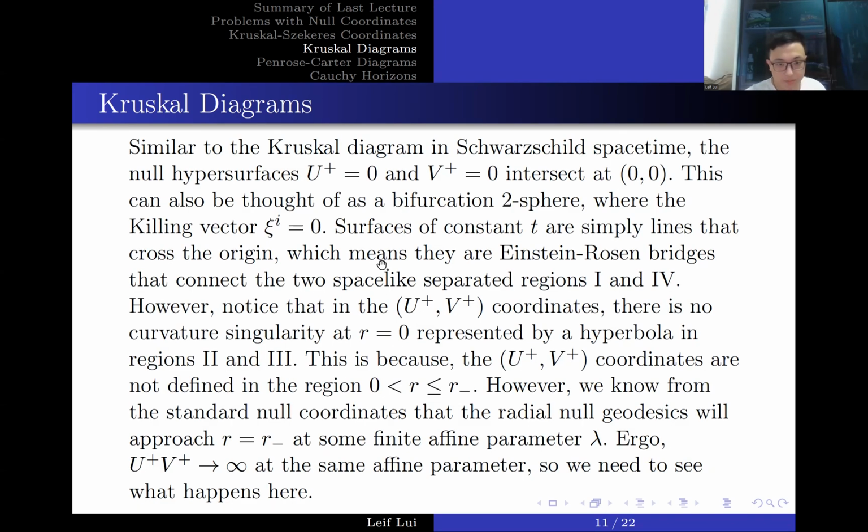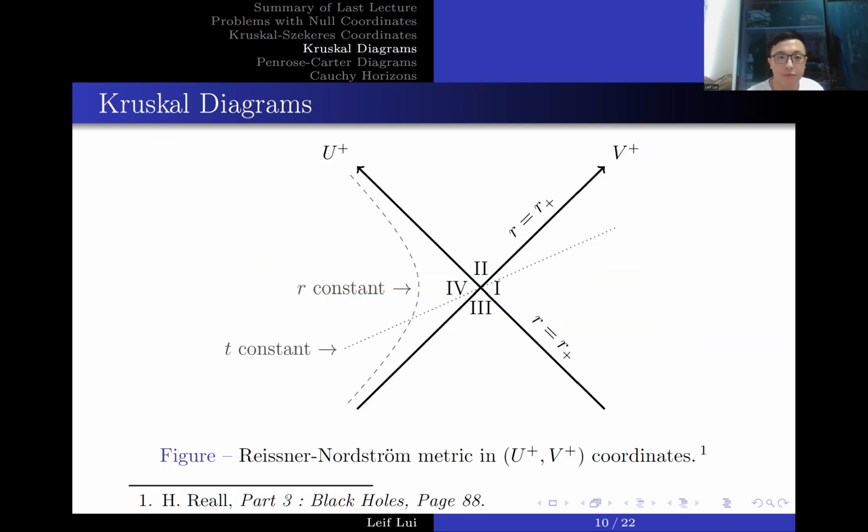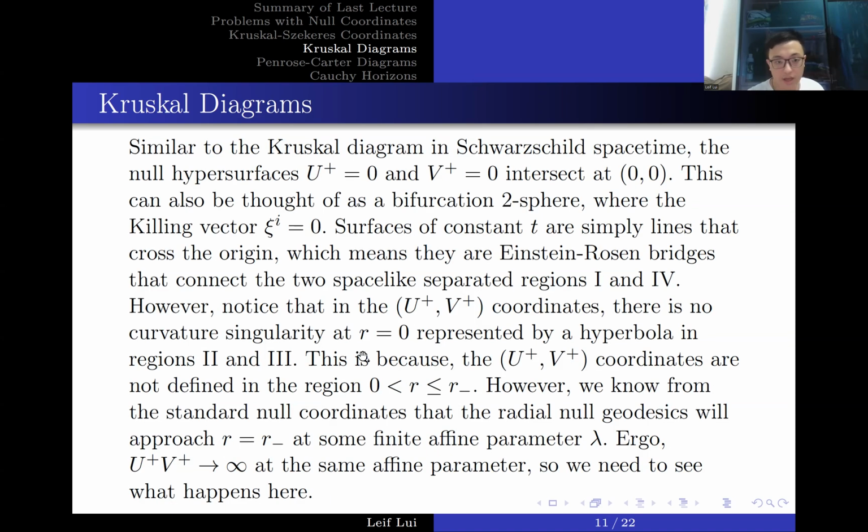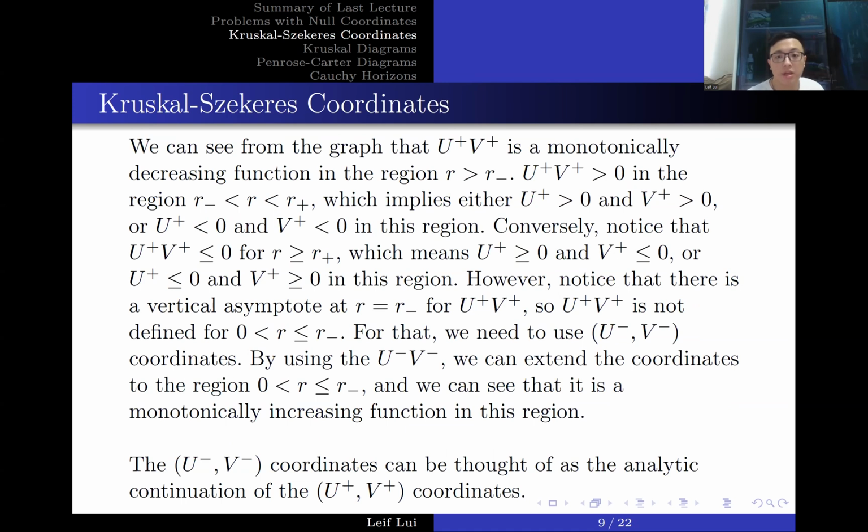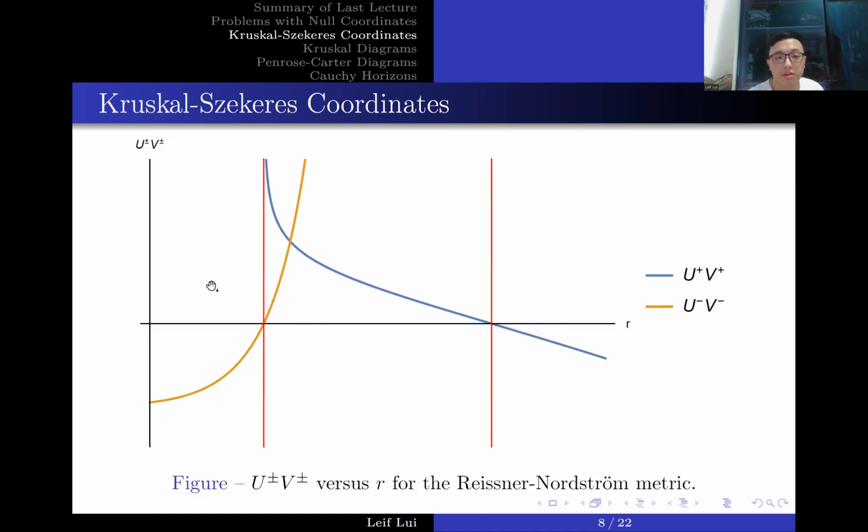So in this case, recall that lines of constant r are represented by hyperbolas. And we do not see the hyperbola r equals 0 on the graph. And this is because, as mentioned before, in the u plus and v plus coordinates, if you look at this graph here, it is not defined in the region between r minus and 0, right?